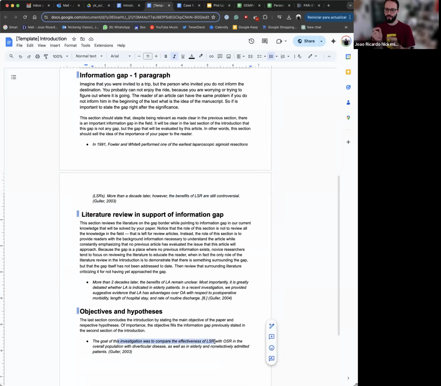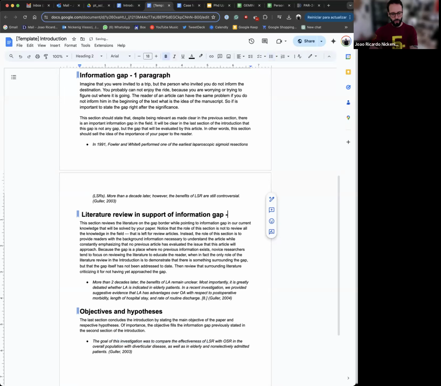They should always have the same structure, the same narrative, because then it means that you're tied together. It means that you are working with something that makes sense. The narrative of the introduction makes sense.